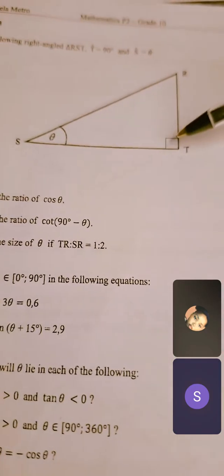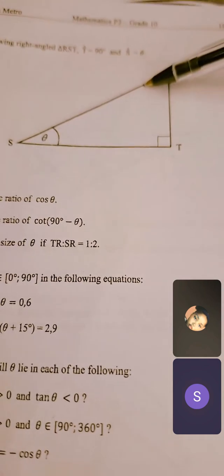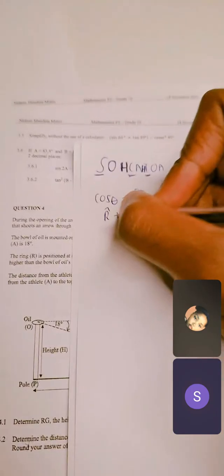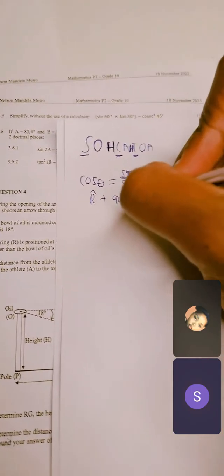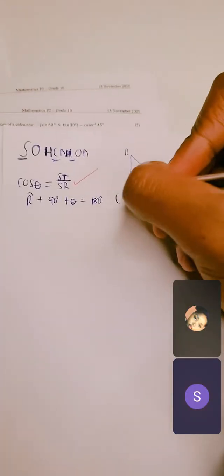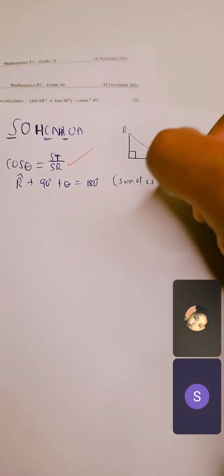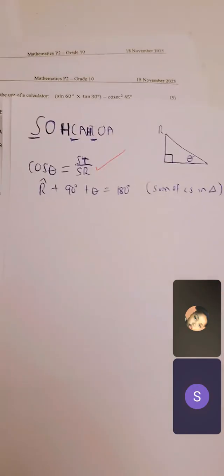Okay, yes we can. Look at 90, look at theta, this angle that is missing. If we say angle R plus 90 plus theta is equal to 180 degrees, reason: sum of angles in a triangle.